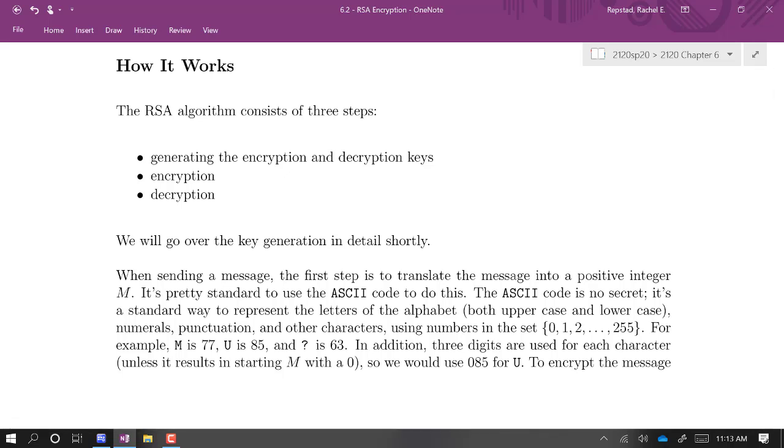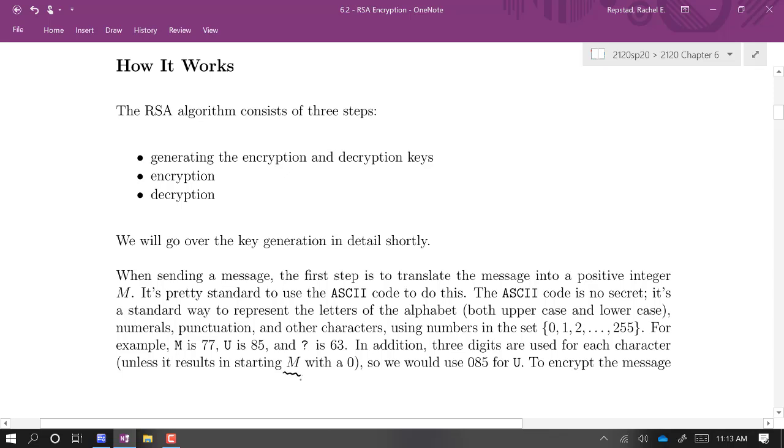And 3 digits are used for each character, unless it results in starting a message with 0. So we would use 085 for U. What I mean when I say unless it results in starting with a 0, I mean the message that we're encrypting.